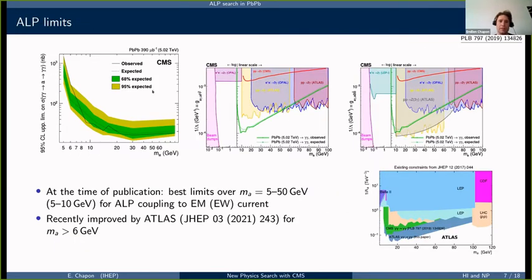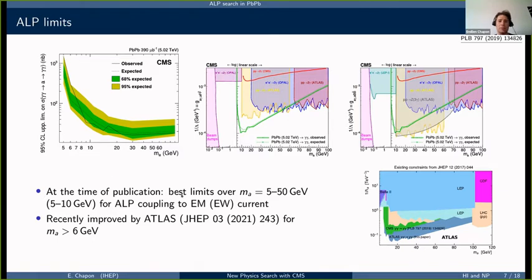And these are the limits that we get on ALPs. The graph on the left is the upper limit on the cross-section for gamma gamma to an ALP decaying to gamma gamma, as a function of the ALP mass. Then these are the constraints that we get in this plane of coupling and ALP mass. The limits from this paper are in green, and the observed one is the solid line.